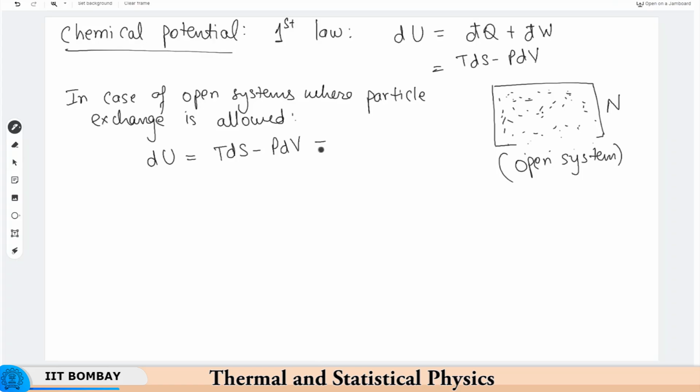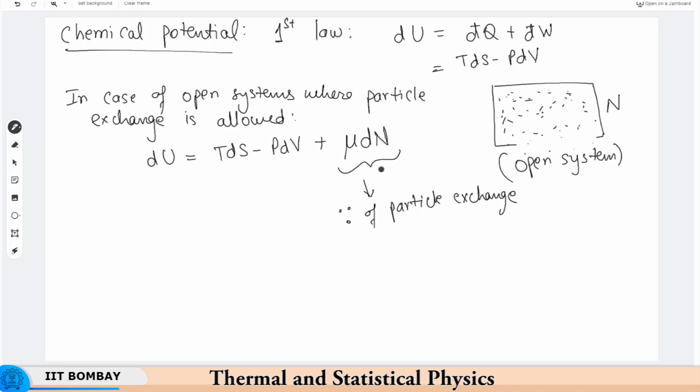So, we have to add another quantity, mu times dn, right, and this mu is basically the chemical potential, all right. This originates because of particle exchange, and how much the energy will change by varying the number of particles in the system by an incremental amount dn will determine what is known as the chemical potential in the system, all right.